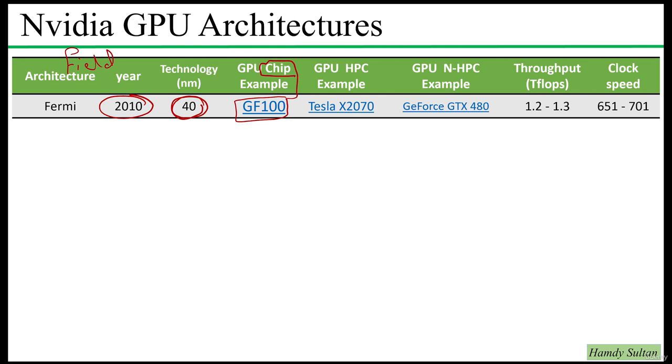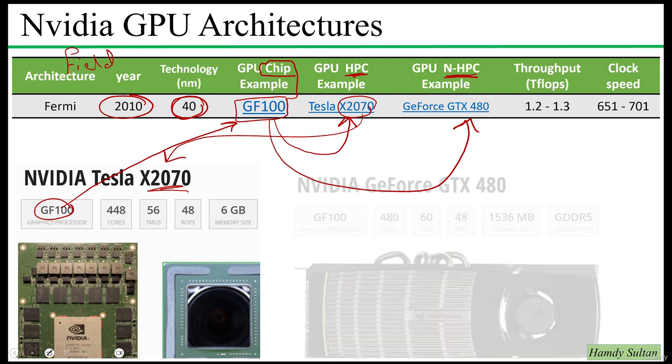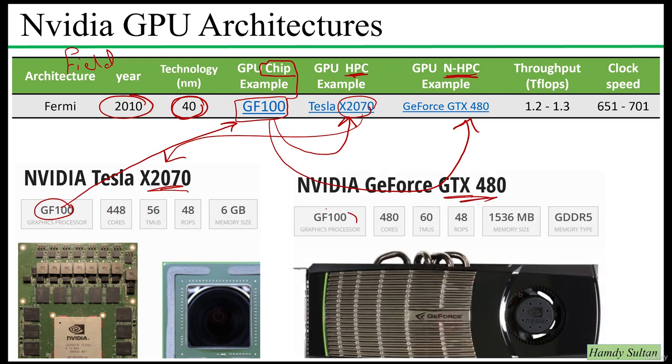This chip is used for producing many GPUs for the purpose of high-performance computing and also for the regular users or the regular consumers. For example, one of the high-performance computing GPUs that is based on this chip or this architecture is the Tesla X2070. On the other hand, the GeForce GTX 480 is designed for general consumers and gamers.